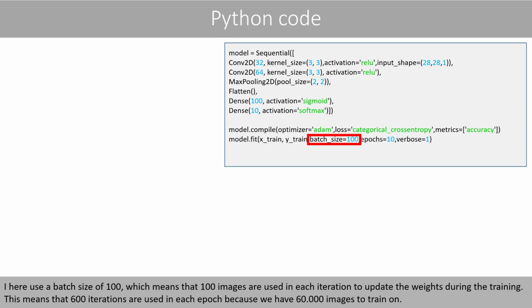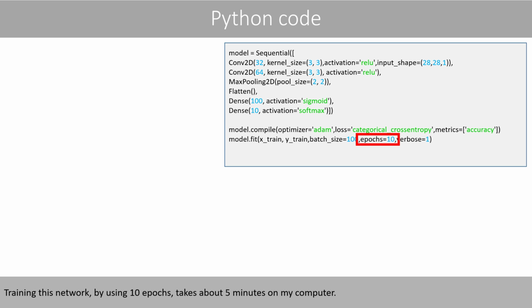I here use a batch size of 100, which means that 100 images are used in each iteration to update the weights during the training. This means that 600 iterations are used in each epoch, because we have 60,000 images to train on. Training this network by using 10 epochs takes about 5 minutes on my computer.